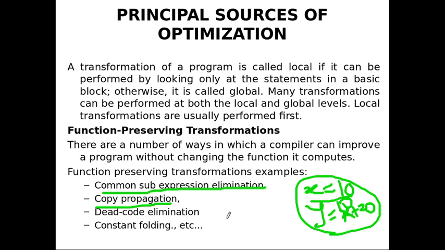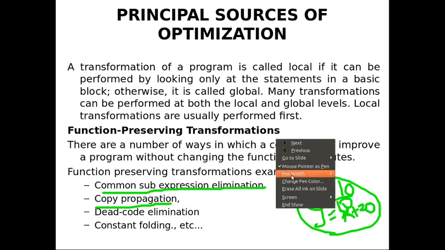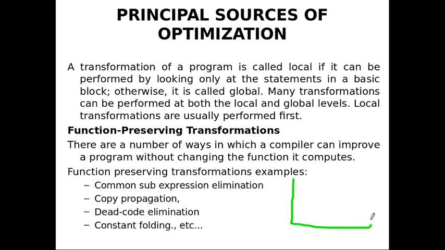And dead code elimination. Sometimes this is your block, and you are assigning a certain value to a variable. That variable may be x and its value is 10. Throughout your program, not just in the basic block, my dear, throughout your program, you are not using this x.